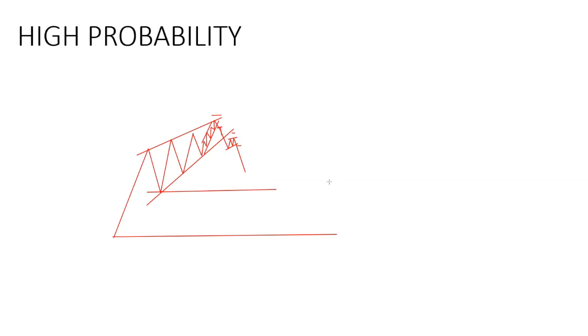So it even applies in, let's say, something like this. You'd have something like this, then you'd have something like this. Then it pushes up. Then you can wait for a move like this.